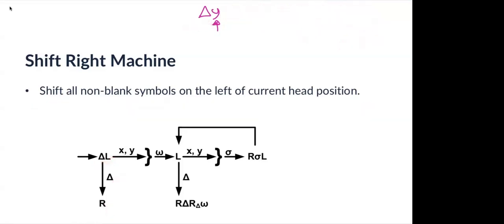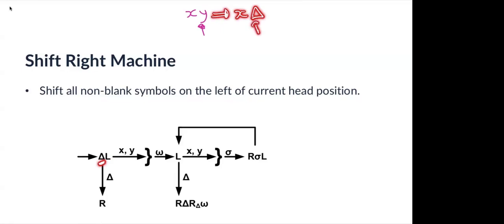But if we have, for example, x, y, and this is the current head, the current symbol. It means from here, we will do delta, which means we will have it like this.